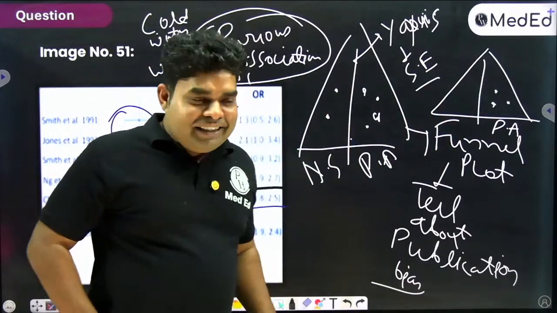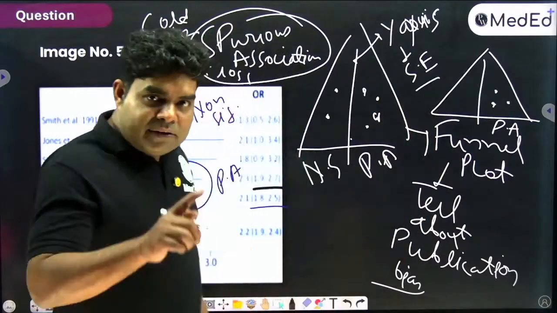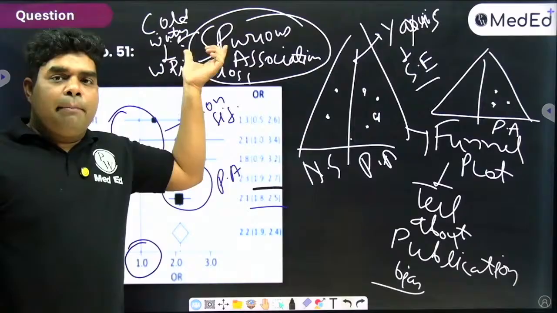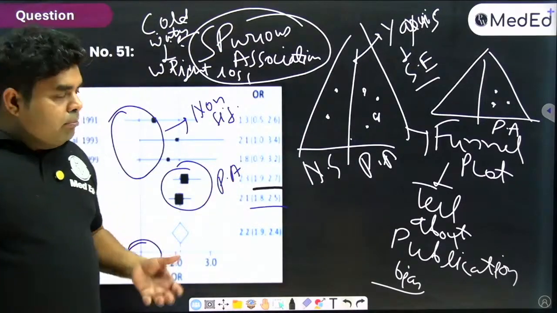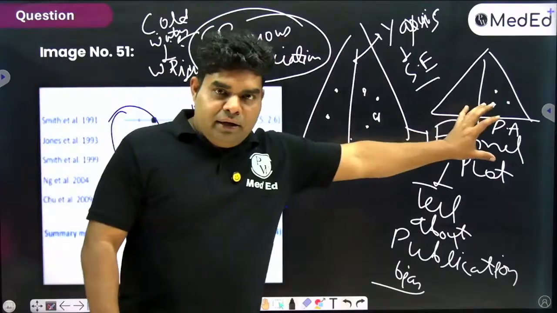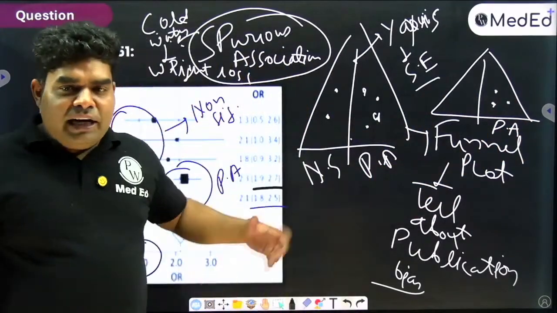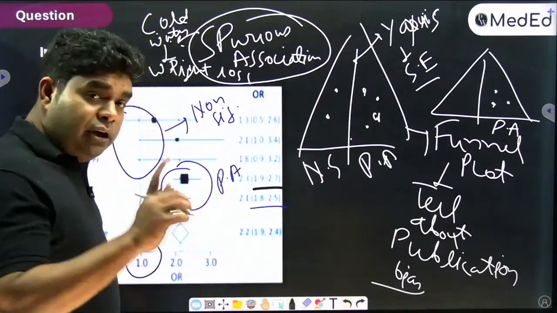So this is publication bias in the meta-analysis funnel plot. And the second point which I was teaching here is that cold water in the gym is an example of spurious association because it actually does not occur. But when you search it online, you will find mostly positive studies on this topic because negative studies no one publishes. This is publication bias. Very likely question for INI-CET exam.